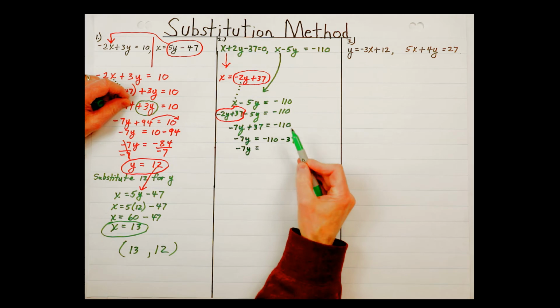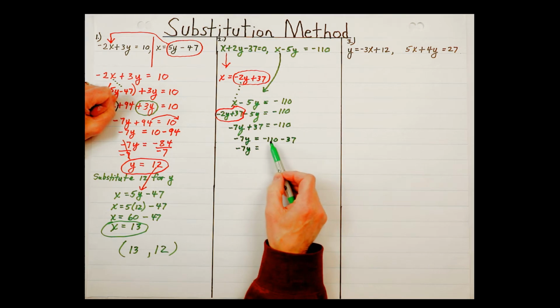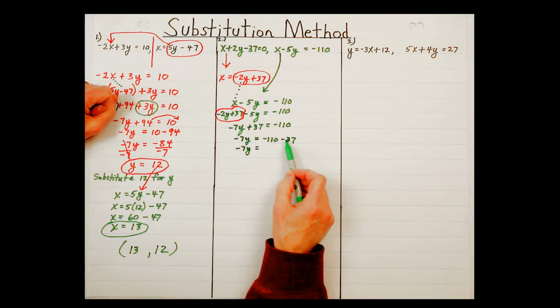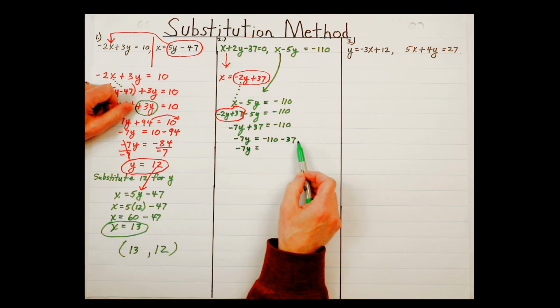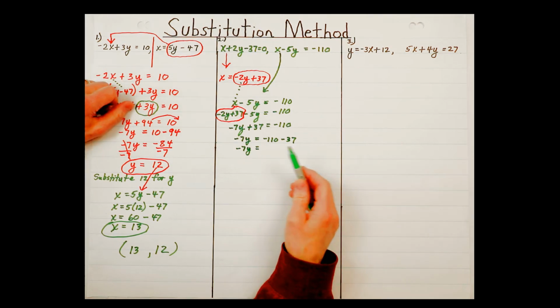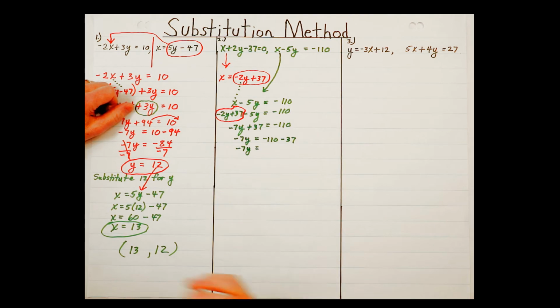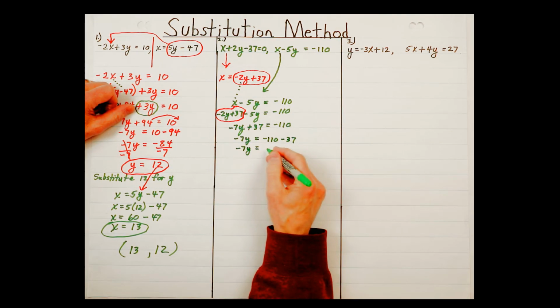Now, I worked out this question this morning, and I couldn't find my mistake. And I'm going to tell you what I did. These are both negatives. I added them together, and what did I get? I got negative 137. And it took me quite a while to figure out. I was tired, I think, and that was why I made that mistake.